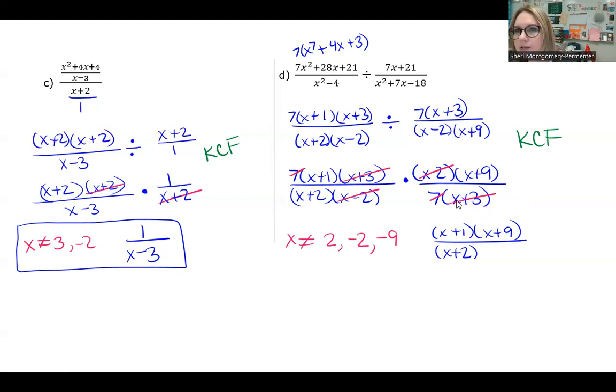I forgot to check right here. This was another denominator. I can't have X equal to -3. Now I'm done.